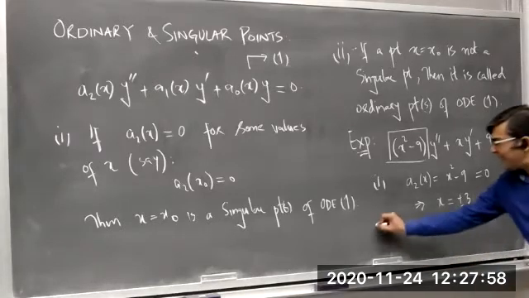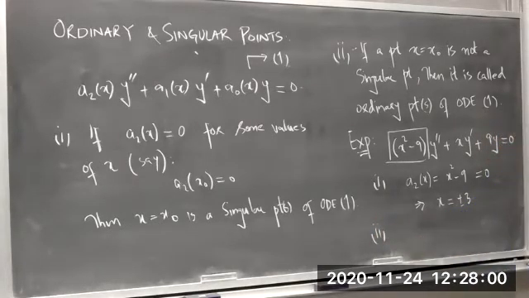All other points, meaning other than plus 3 and minus 3, are ordinary points of this differential equation.